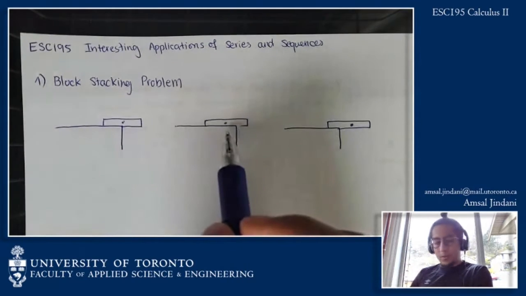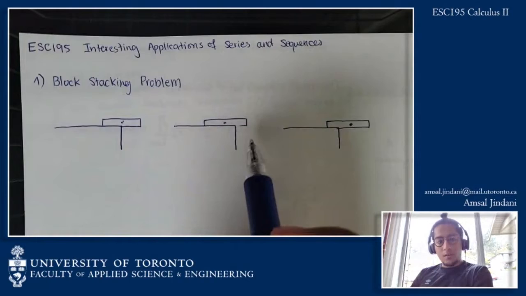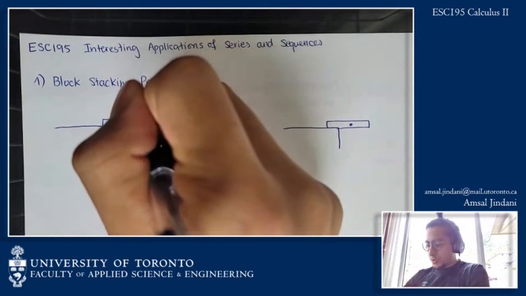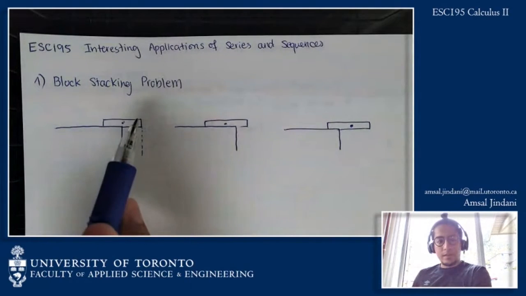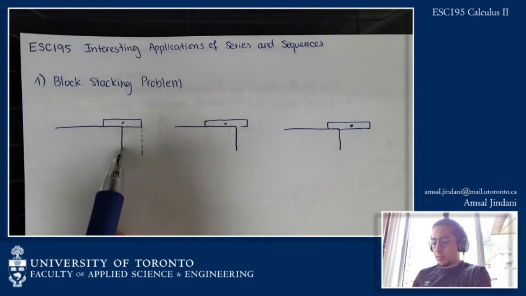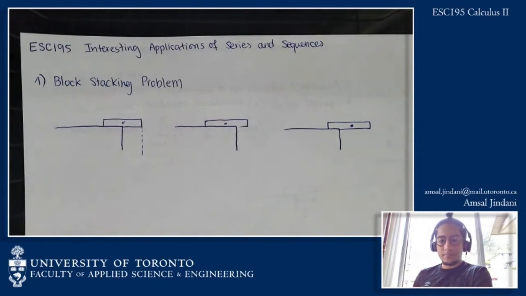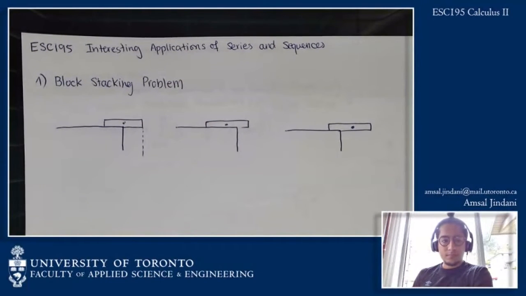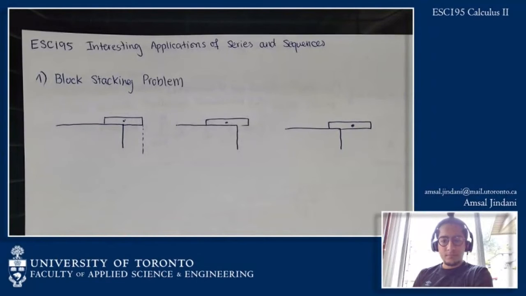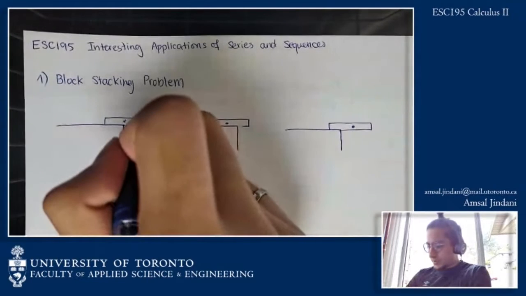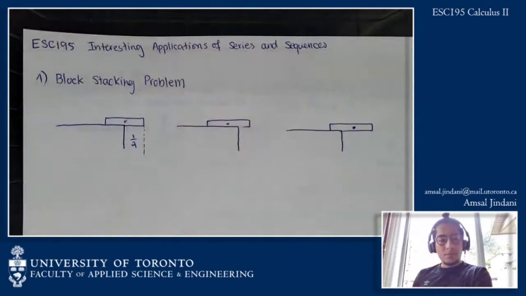So if I want the block to not tip over off the edge of the table, what should the gap between the right-hand edge of the block and the edge of the table be? Yep, pretty simple. It should be 1/2.